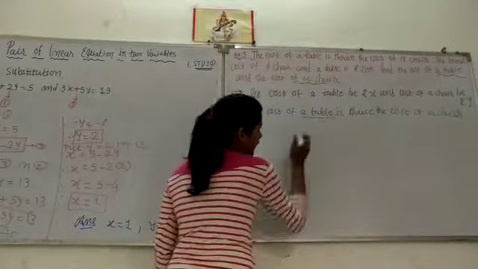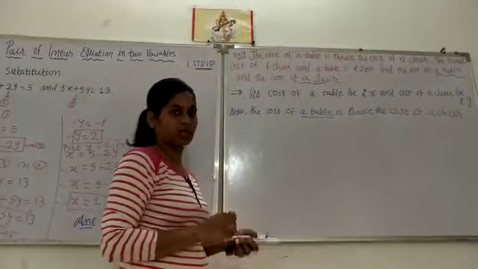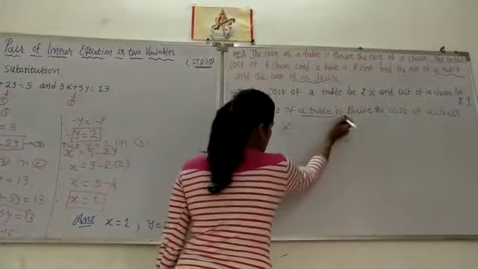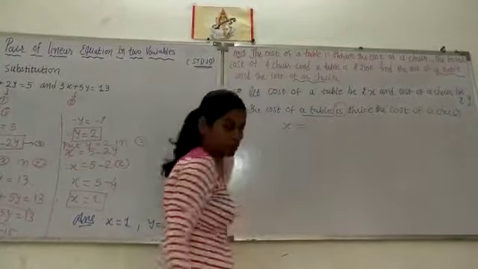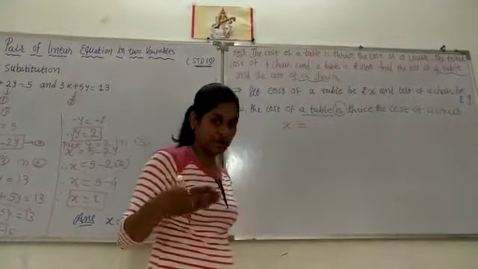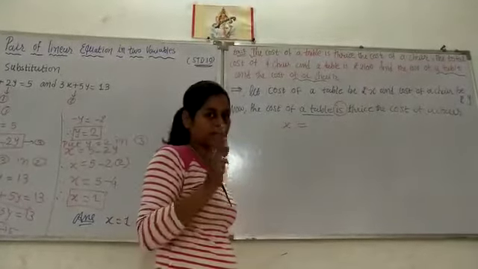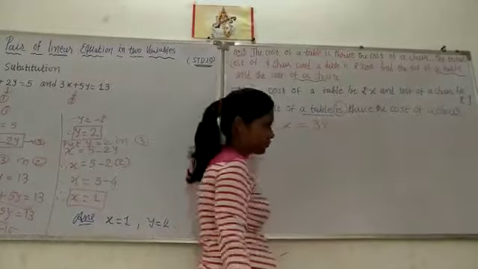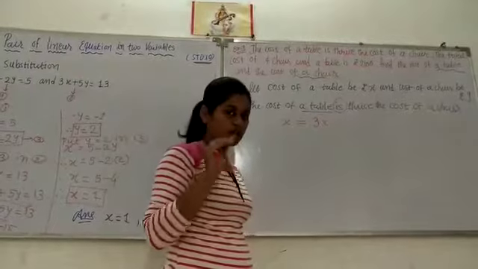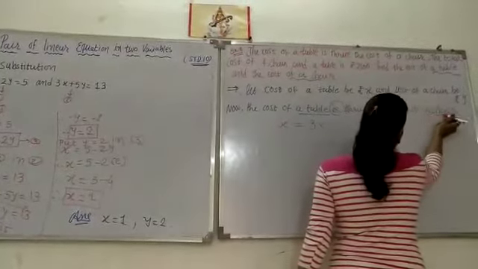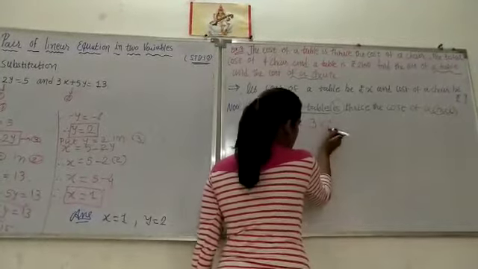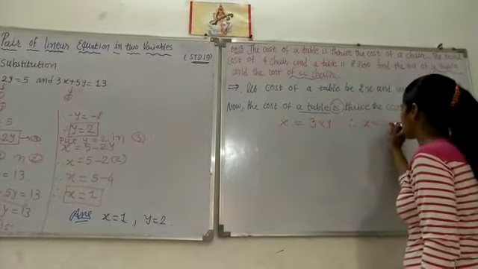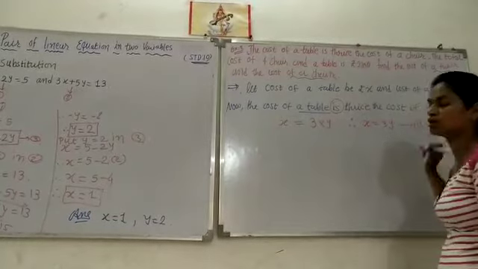Cost of a table, that means one table cost x. x is, that means equal to thrice, that means multiply by a given number. So thrice means 3 multiplied by the cost of a chair. What is the cost of a chair? y. So 3 into y. That's why your equation 1 becomes x is equal to 3y.